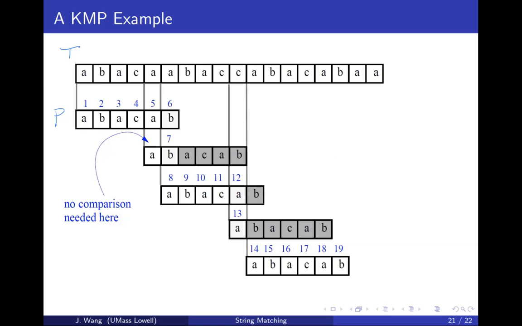So we start, A and A are matched, B is matched, A and A matched, C and C match, and A matches. But now this is not matched. So this is the prefix of P that is matched, which means I have A, B, A, C, A. From here, I want to know whether there is a prefix here that's also a suffix.